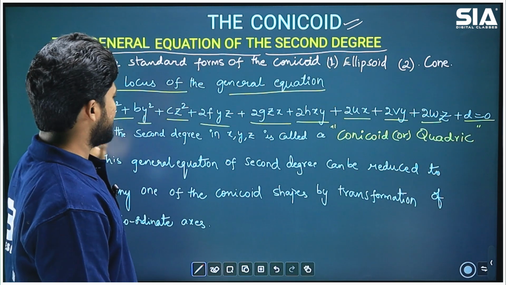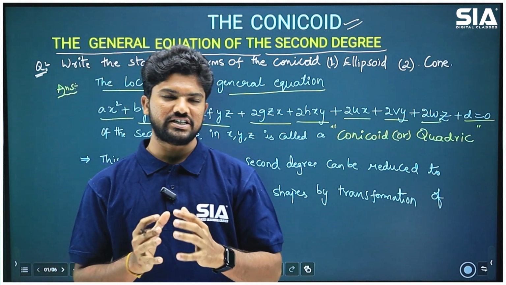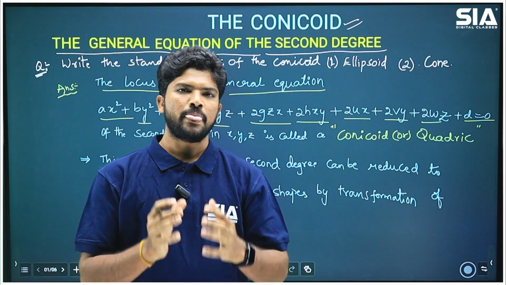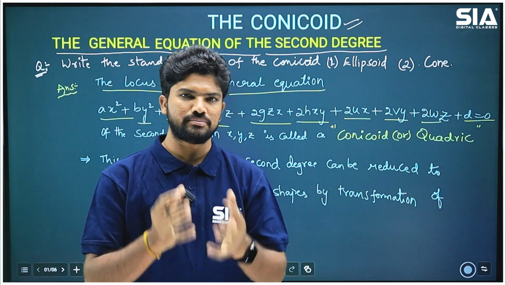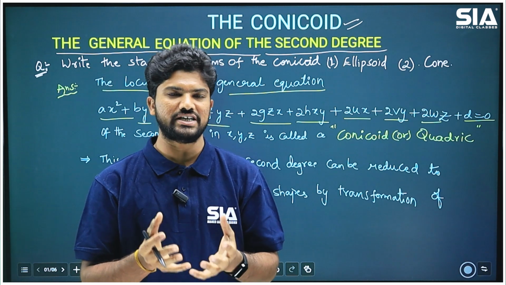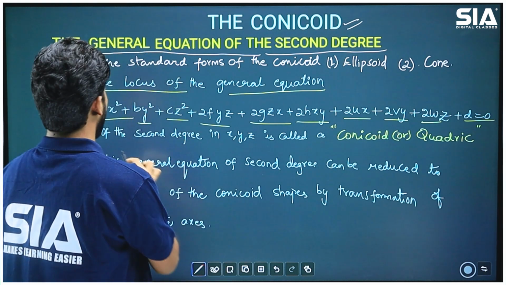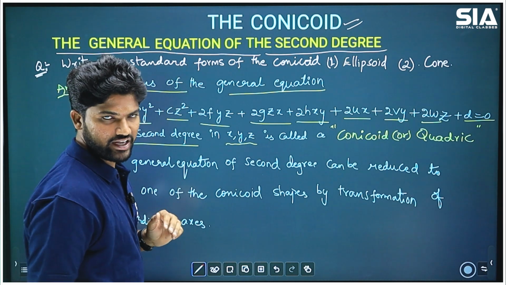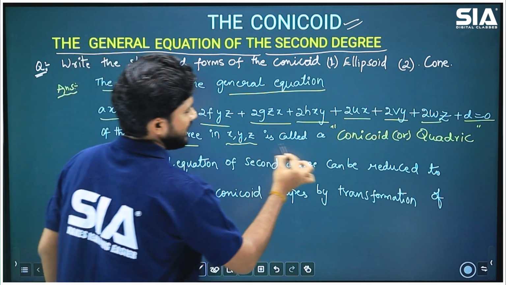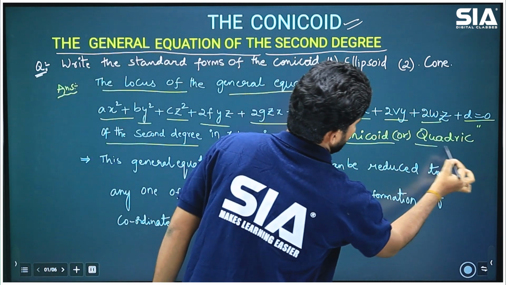This total equation is a second degree equation in three variables, that is x, y, z, and it is called a conicoid or quadric.